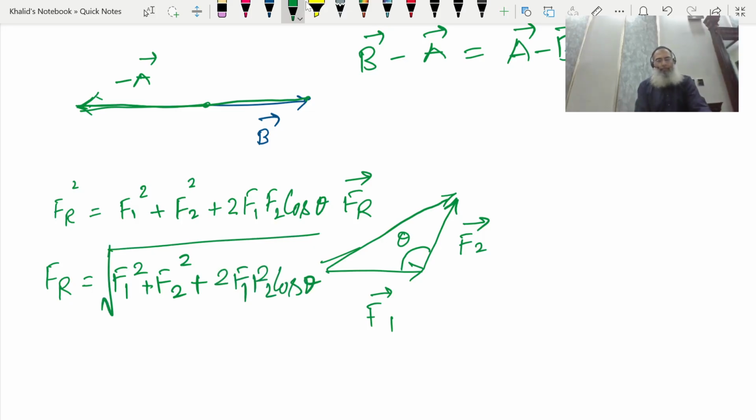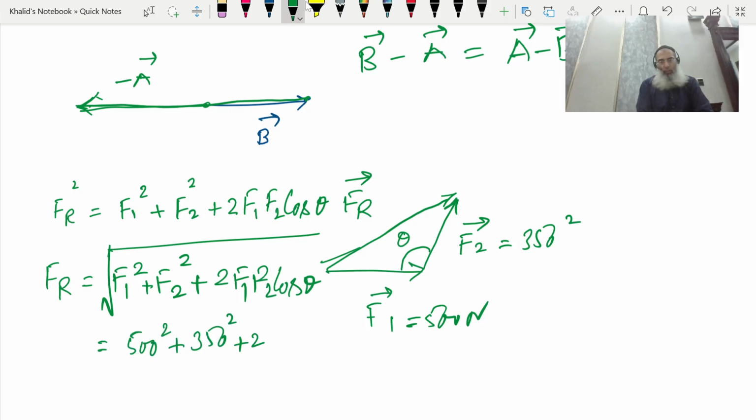So now it's a matter of only substituting the values. If, for example, here I have 500 Newton, and this one is 350 Newton, simply putting the values here, FR squared is equal to 500 squared plus 350 squared plus 2 into 500 into 350 into cos theta, and theta will be 120 degrees.